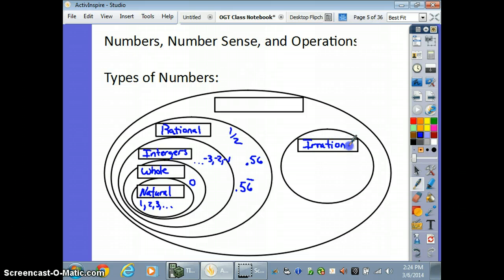The most famous one is pi. Doesn't end, doesn't repeat. Radical 2 doesn't, radical 5 doesn't. There are some others. And this whole system, rational and irrational, makes up the real number system.